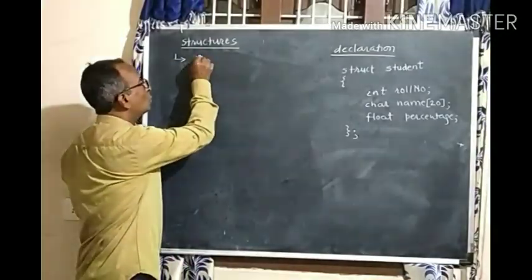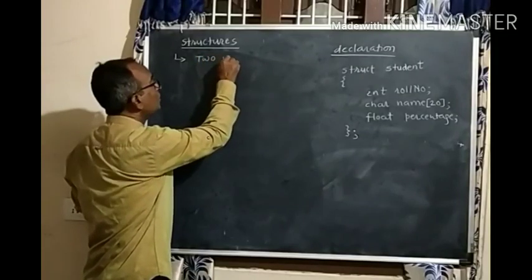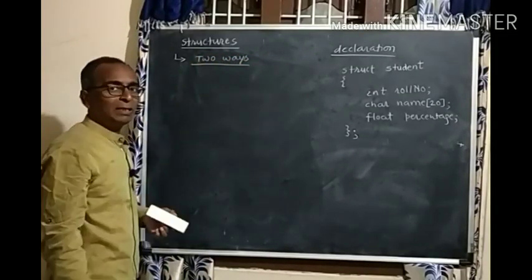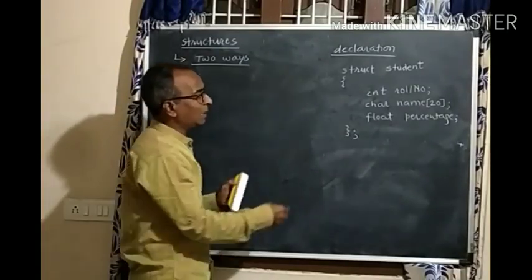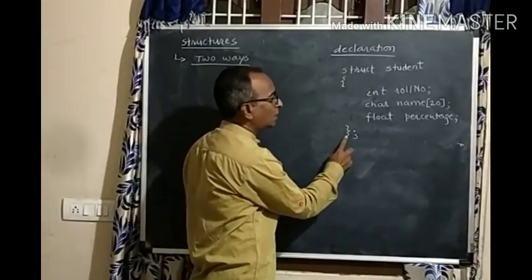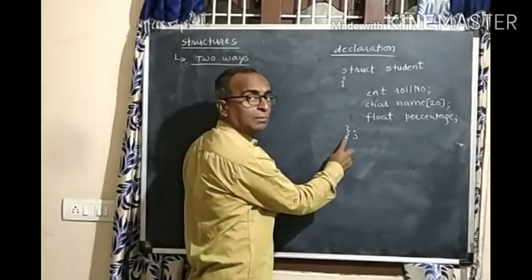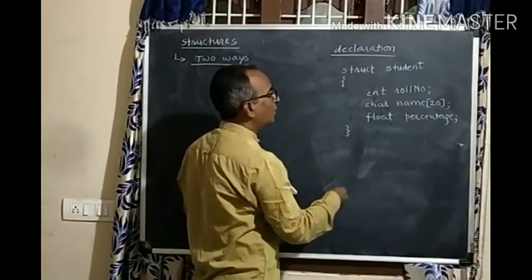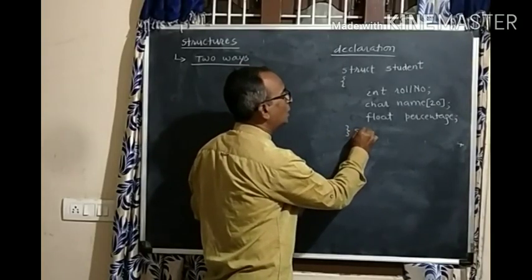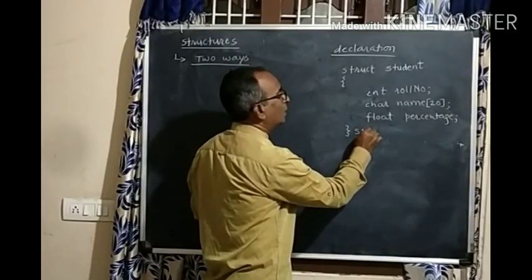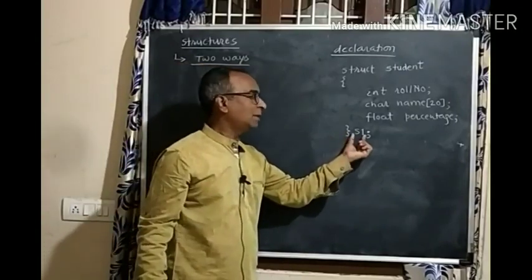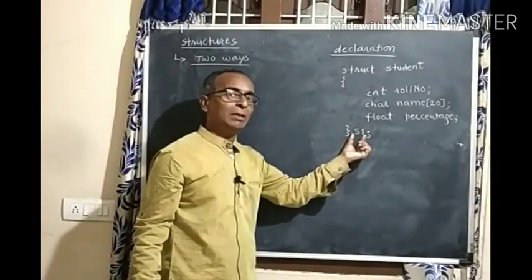There are two ways to declare. Now, one way is, you can say directly, in between the closing curly brace and semicolon, if you give variable names like s1, what will happen here? s1 is now a variable.